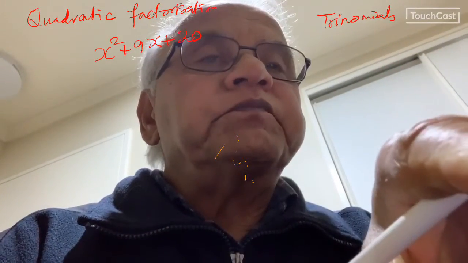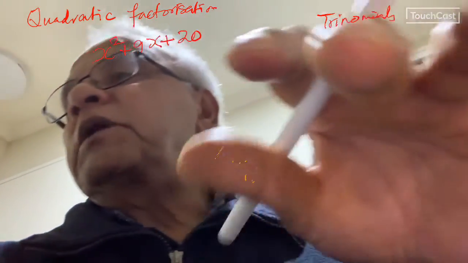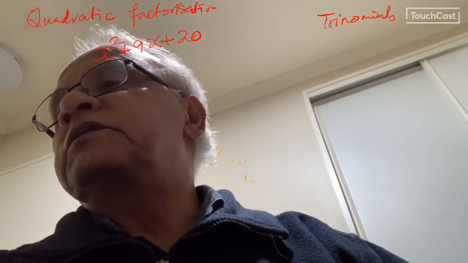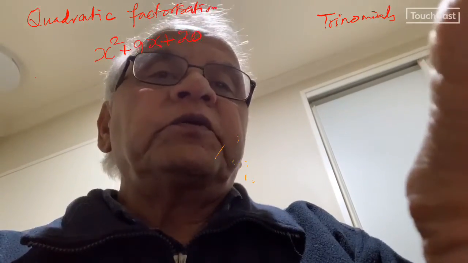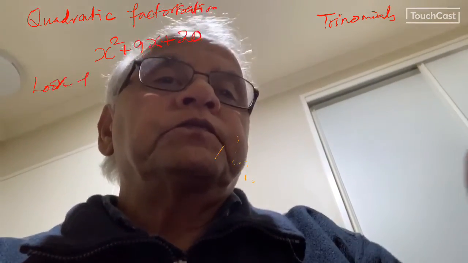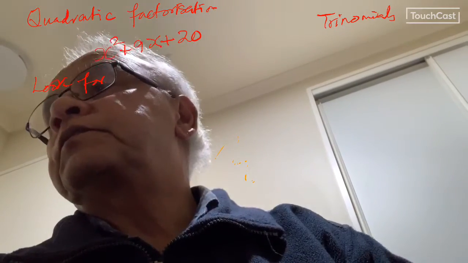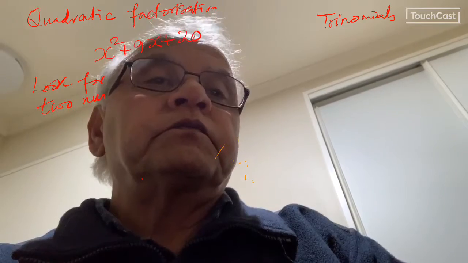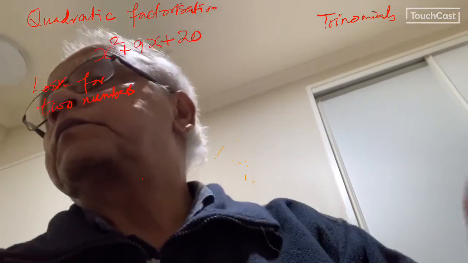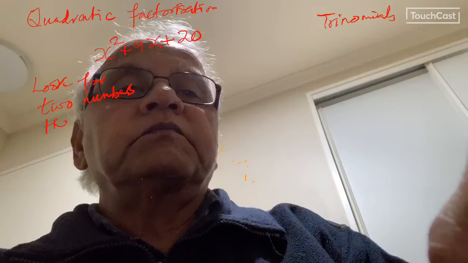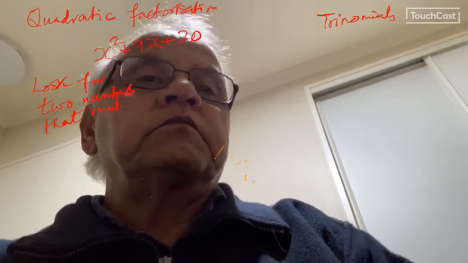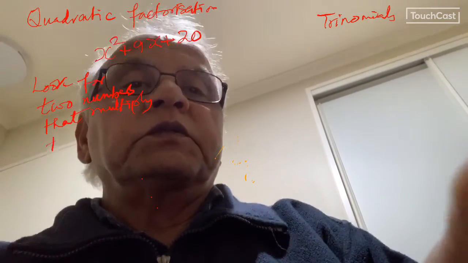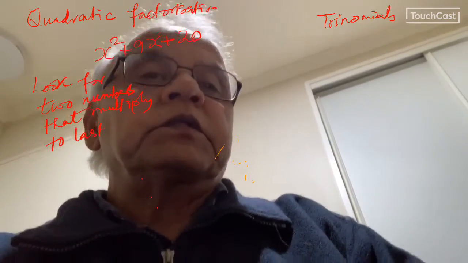Well, one of the basics of factorizing trinomials is to look for two numbers that multiply to the last term.